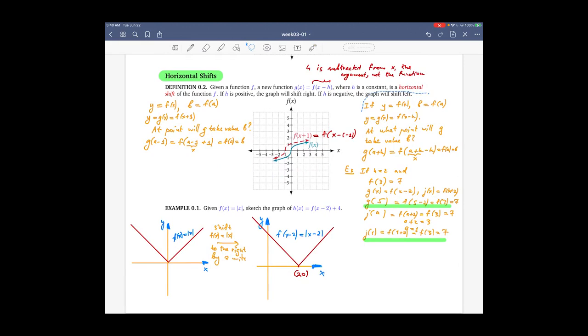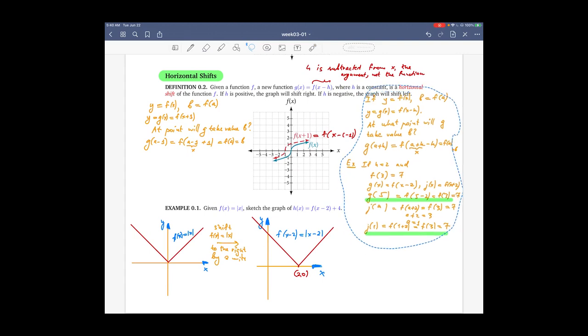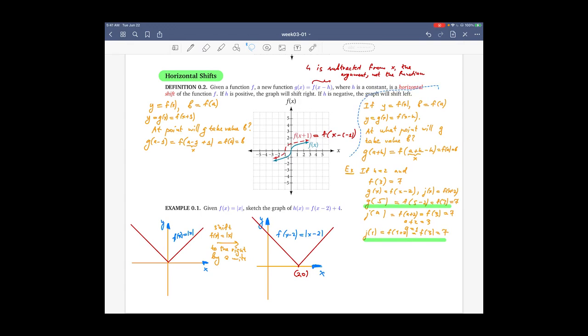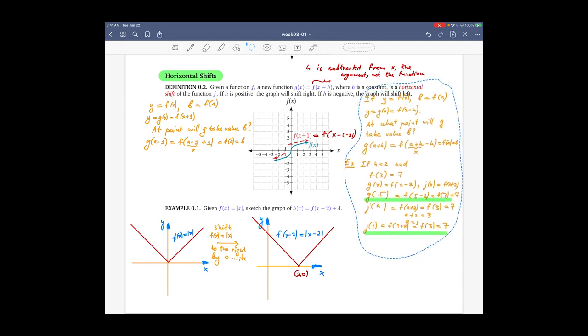So let me move this text here a little bit further up. So to construct the graph of h now, I take the graph of f at x minus 2, which is absolute value of x minus 2, and shift it by 4 units upward.